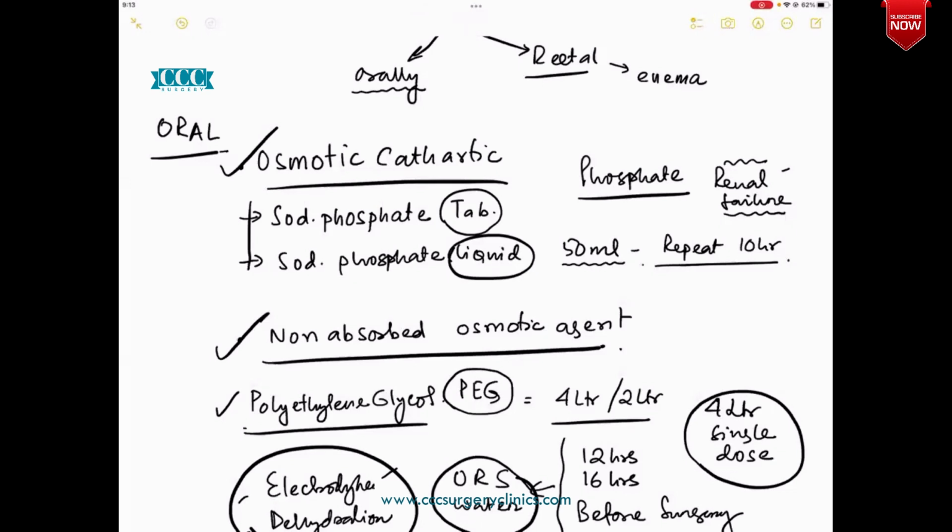But overall, for this group of patients who have had a mechanical bowel preparation, return of bowel function has not been a very strongly studied material.